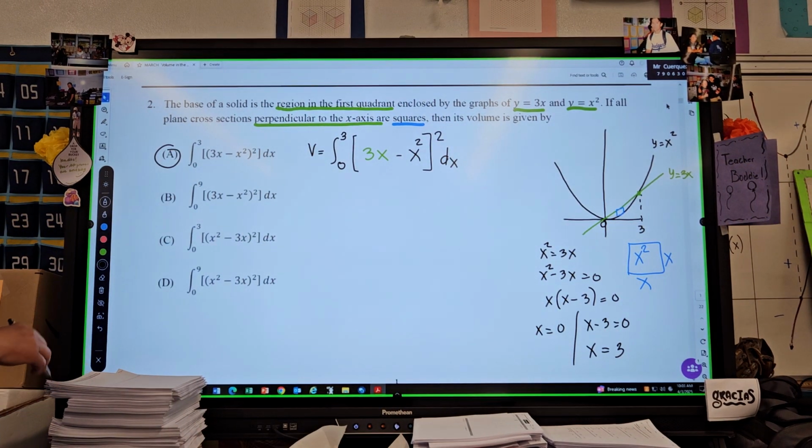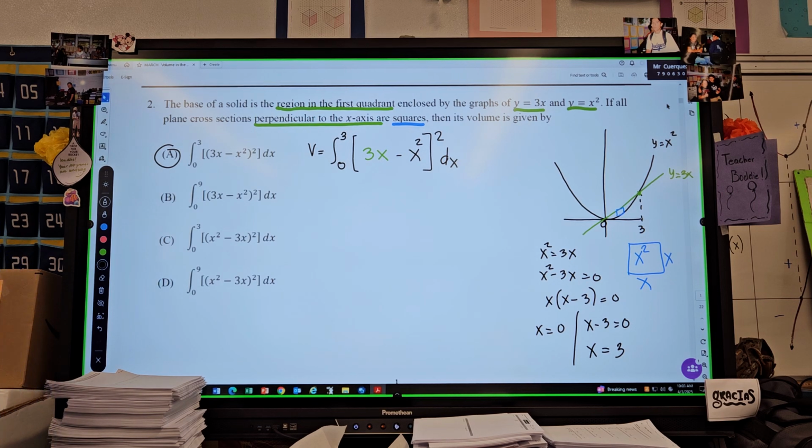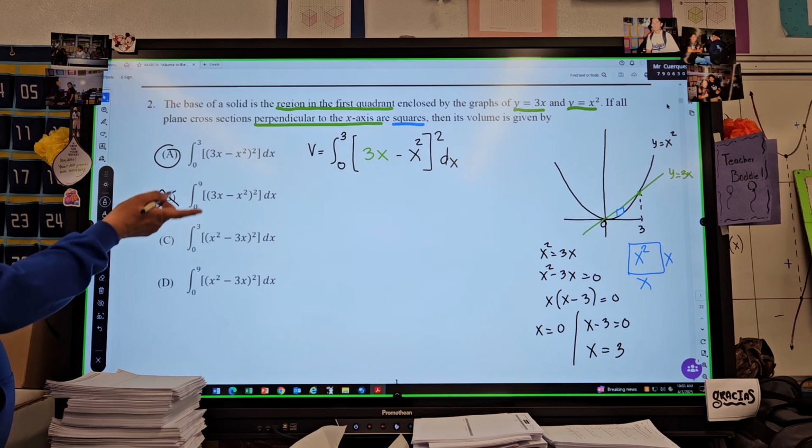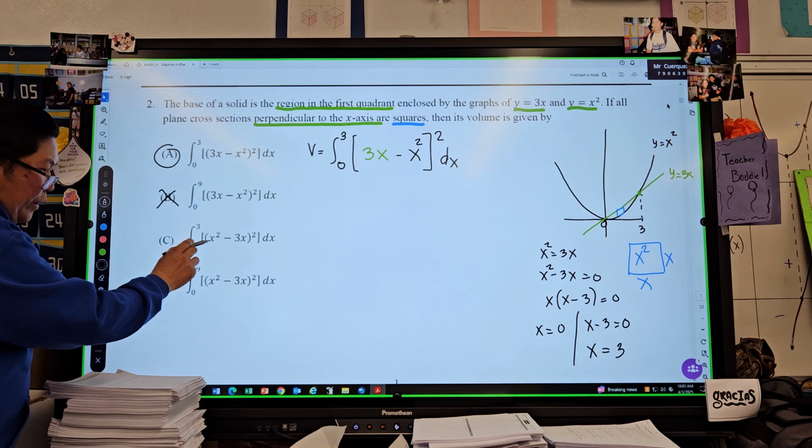Test taking strategy, guys. As Tanya said yesterday, process of elimination. We eliminate this because the limit is 0 to 9, so we cross this out. What else? Color coding. What comes first? The green. Is this the green?